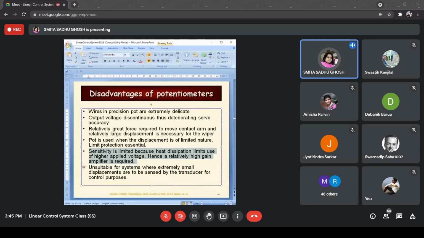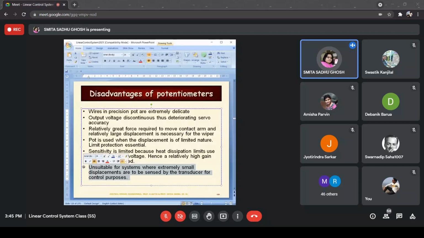This is unsuitable for systems where extremely small displacements are to be sensed by the transducer for control purposes because of the resolution problem. It is going to be limited by the value of the resolution that we've already discussed. So these are some of the limitations of potentiometers, meaning that though this is a very simple arrangement by means of which it is a transducer, and by means of which we can apply it to applications where it is necessary to get the error value.